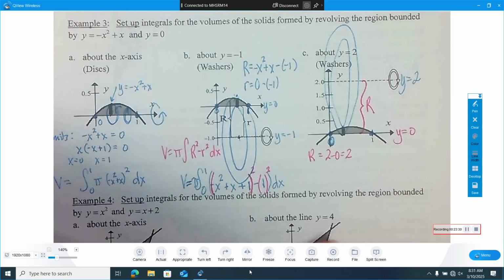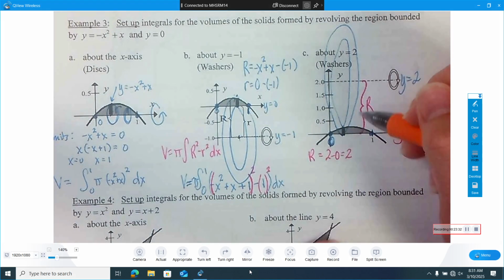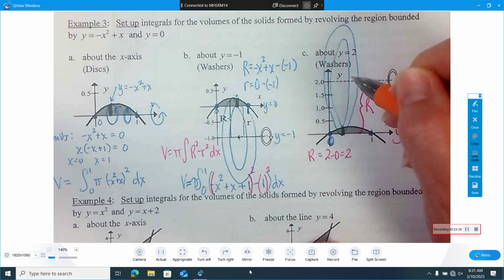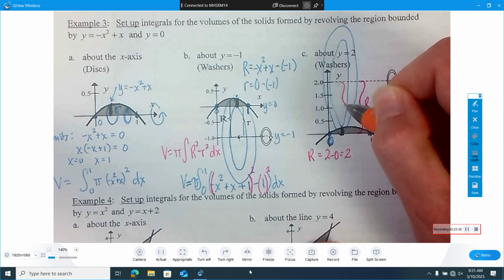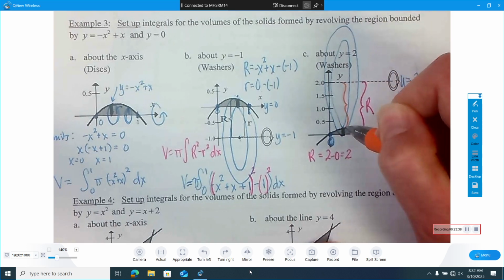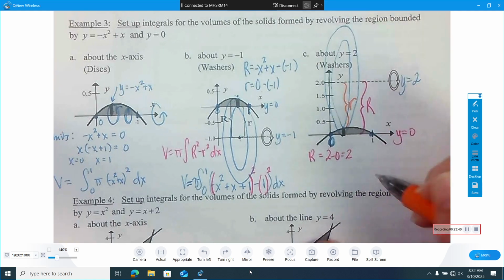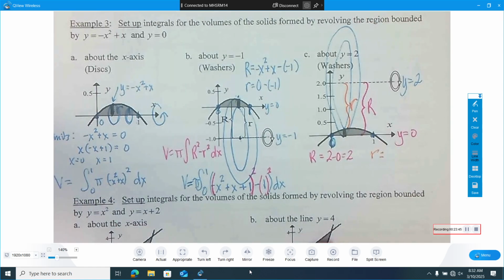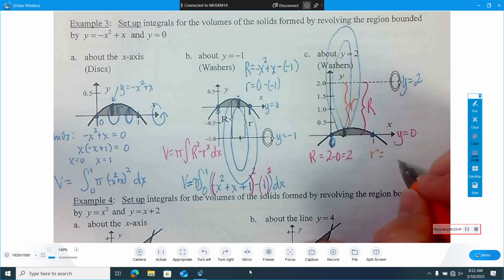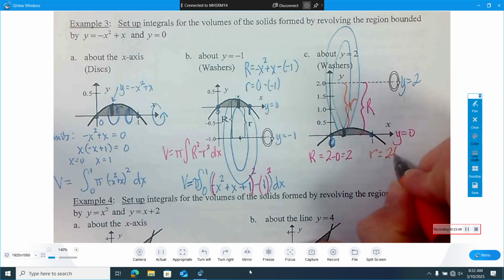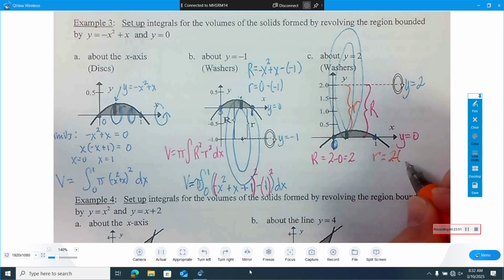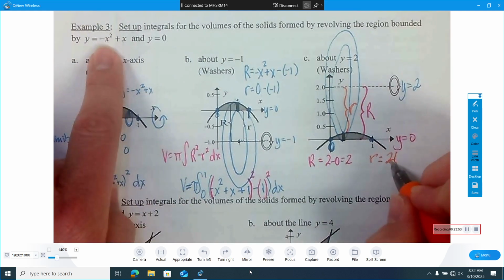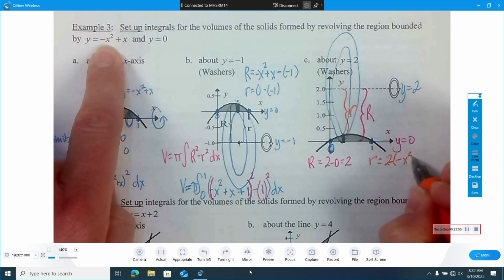And then we have little r, which goes from my axis of revolution to my curve. So there's little r. What is little r? Yeah, 2 minus the entire negative x squared plus x.